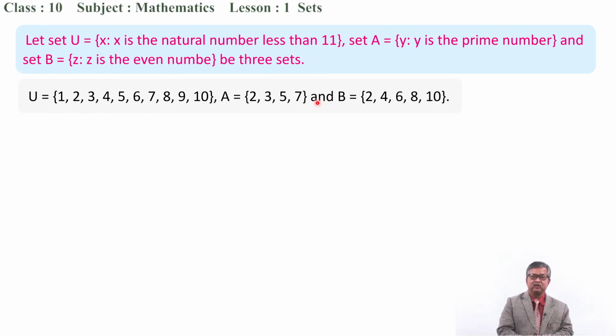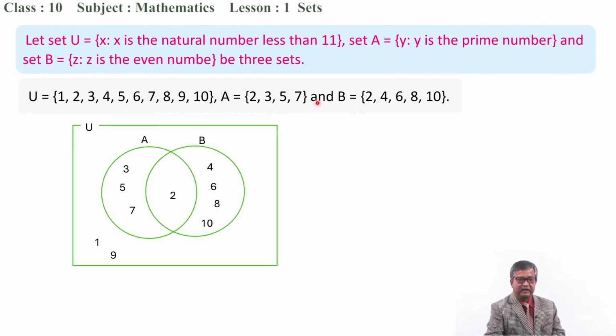Now, from these sets, we form the Venn diagram. Let's see the Venn diagram. The universal set U is a rectangle with 10 elements: 1, 2, 3, 4, 5, 6, 7, 8, 9, 10. Set A has 3, 5, 7, 2, and set B has 2, 4, 6, 8, 10.